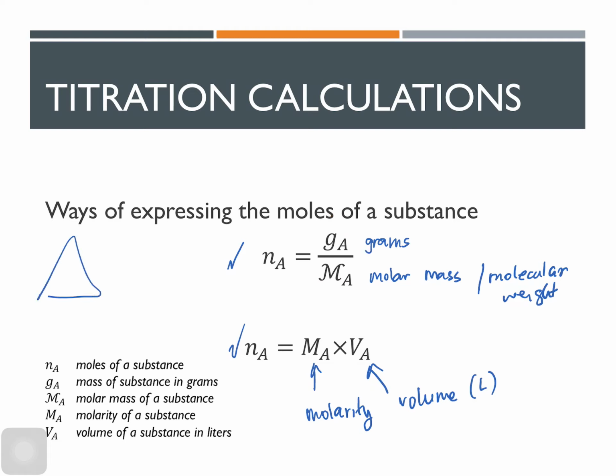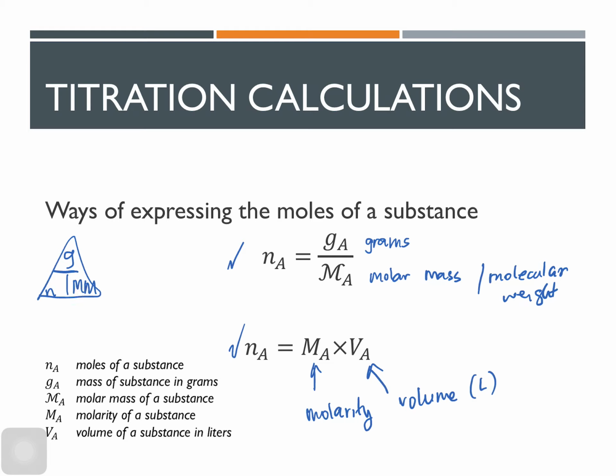In this triangle, this is the moles, this is the grams, this is the molar mass. If you are looking for the moles, you have to divide grams by molar mass. If you're looking for the molar mass, you have to divide the mass by the moles. If you're looking for the grams of your substance, you have to multiply moles and the molar mass.